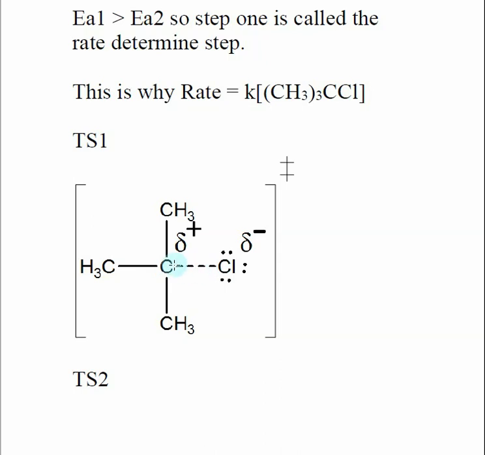And when I'm done, there's going to be a positive charge on my carbon, forming a carbocation, and then there's going to be a negative charge on my chlorine. So during this process, I'm going to have a partial positive charge on my carbon and a partial negative charge on my chlorine. So we are literally halfway into the process of forming a carbocation and negatively charged chlorine.